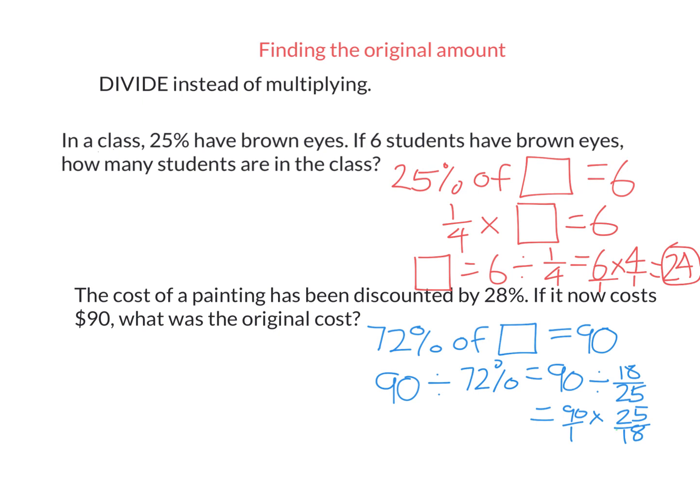So luckily there is. 18 goes into itself once and goes into 90 5 times. So this is actually just 5 times 25. You can keep adding up 25 5 times if you want. The answer you get is 125. So when you take 125 and you find 72% of it, you end up with 90.